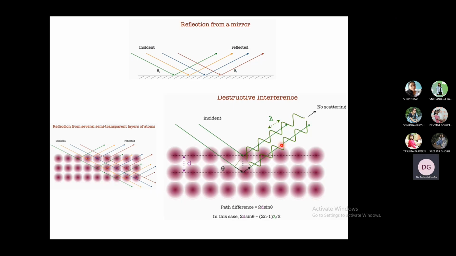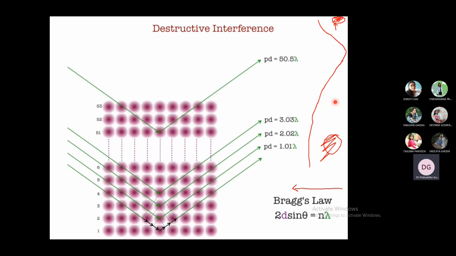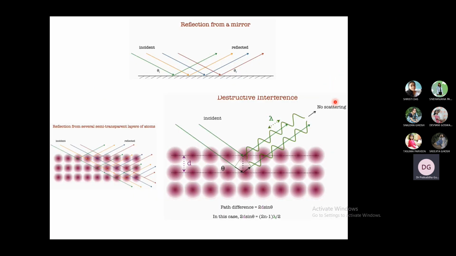So we will detect no scattering on the X-ray film. These rays will be cancelled, no light will fall on the film and no black spot will get generated. So this is the simplest picture of constructive and destructive interference as it goes in the layers of the crystal after we shine a light on them.